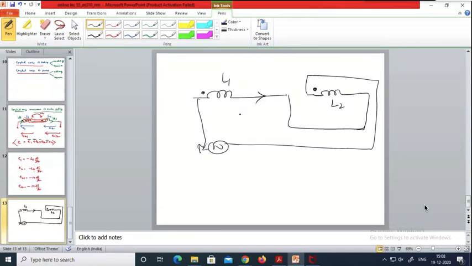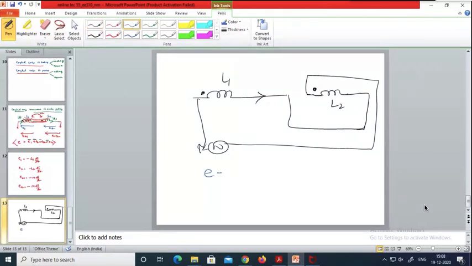The current now is flowing here, which is entering here, not here. Therefore, in coil number 1, the current is entering the dot, and in coil number 2, the current is leaving the dot. The current is leaving the dot here. So what would happen?